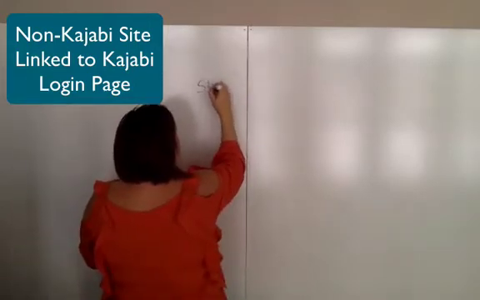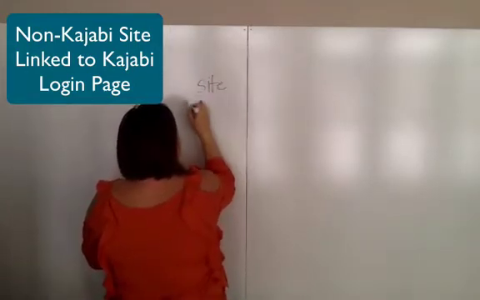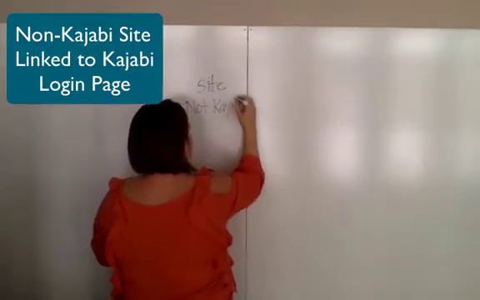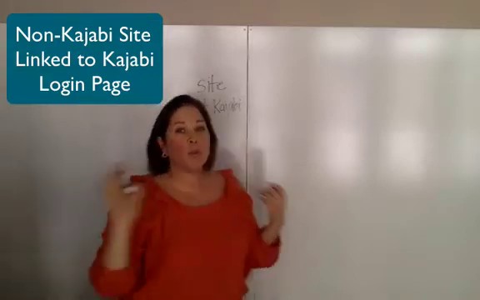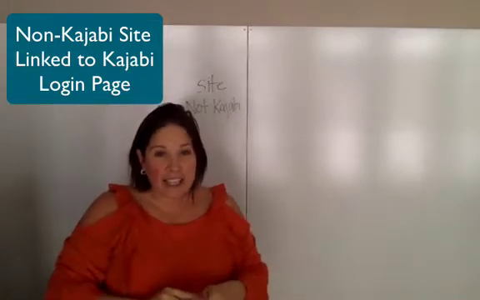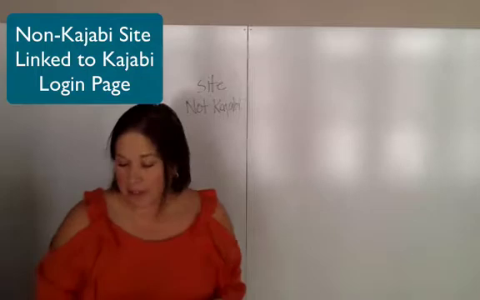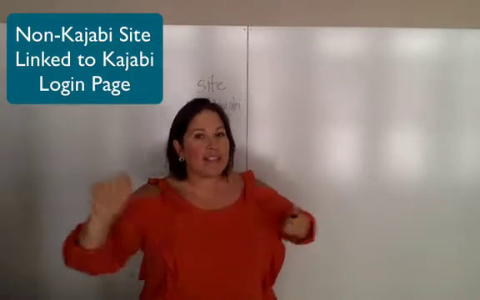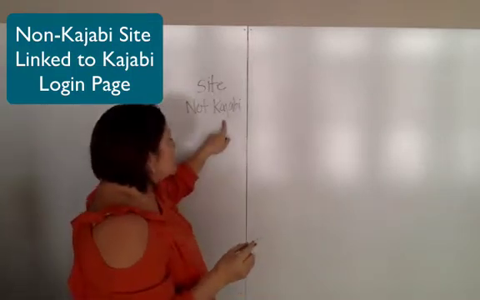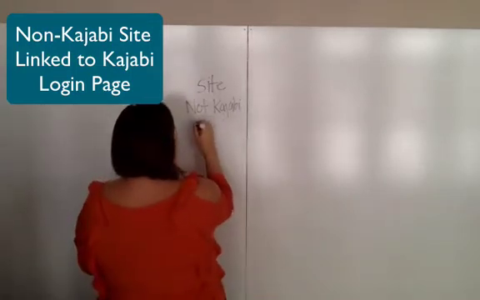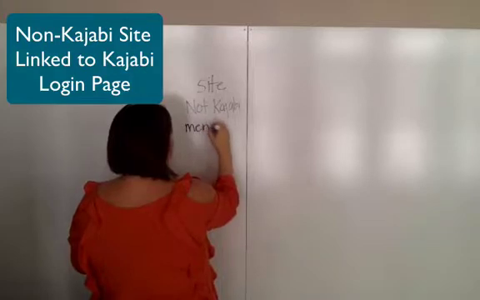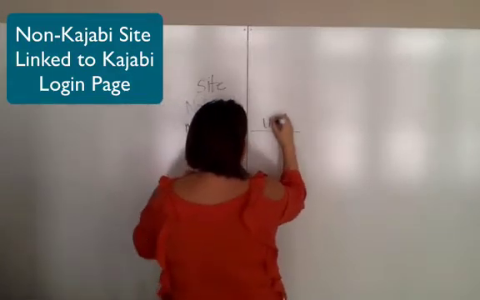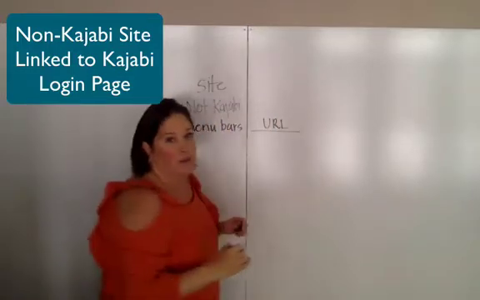You're going to have your site, and it is not Kajabi for whatever reason. I personally think Kajabi is the best way. I wouldn't, for so many reasons, but you can always change this. So you're not Kajabi site. You'll have your menu bars, okay? And your menu bar will allow you to put in a URL, just like that.